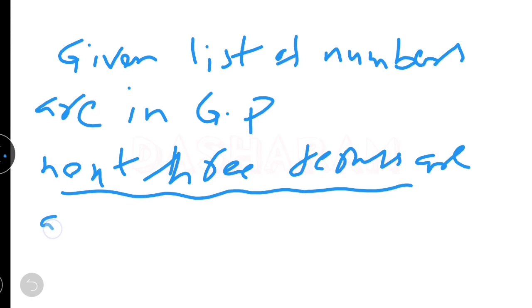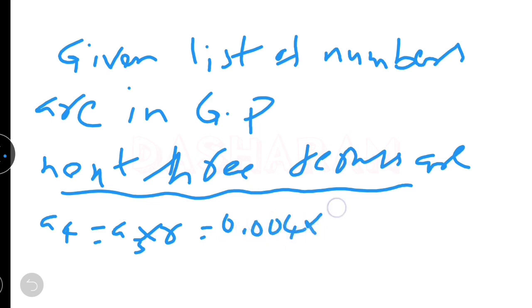So A4 equals A3 into R. The A3 value is 0.004 into 1 by 10. Do you remember one shortcut method? When a number is divided by 10, 100, 1000 and so on, the decimal point moves to the left side. So the answer here is 0.0004.